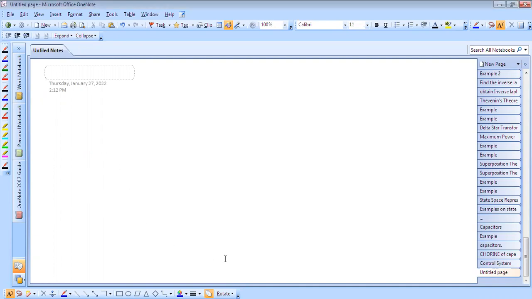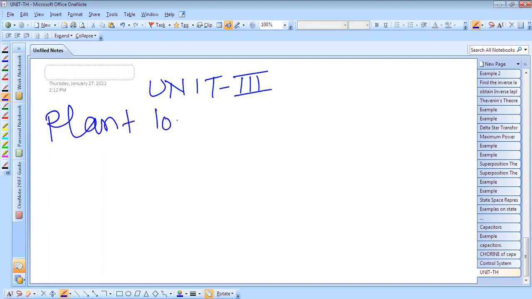So the content of this third unit: we will discuss the plant location, the layout, and the line balancing. Okay, the concept and the factors that are governing the plant location.